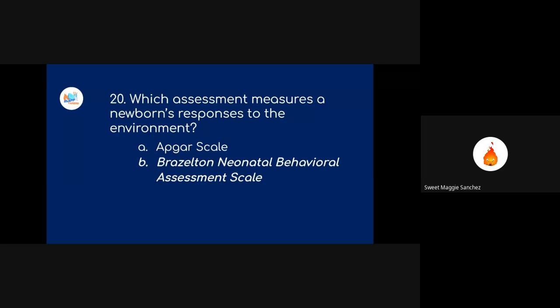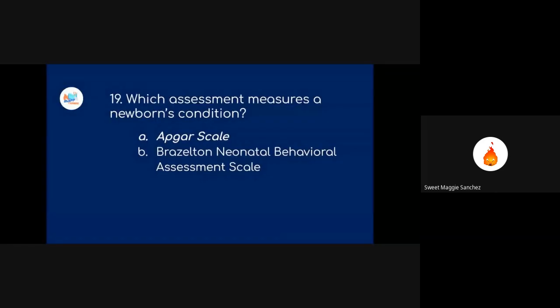It's easy to recognize because the key term behavioral links to responses, whereas the APGAR scale is linked to condition.